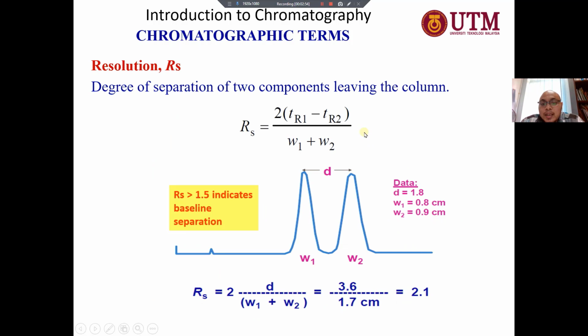So again, I would like to remind, if the sample problem provides you with the data information by using the retention time, so better you use the retention time. For example, say that here is 3.2, here is 2.8. So 3.2 minus 2.8. Okay.